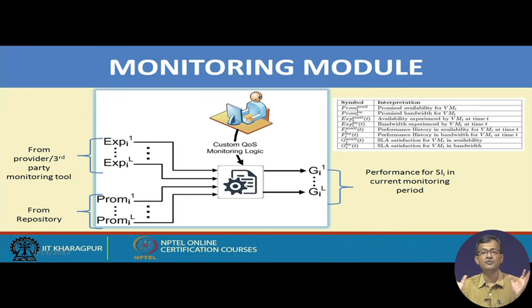If you look at the big story, on one side we have the customer, who has some requirement. I need to fit this requirement to some provider or a set of providers and suggest to the customer that this is the provider. For the provider end, there is continuous monitoring, with performance histories.